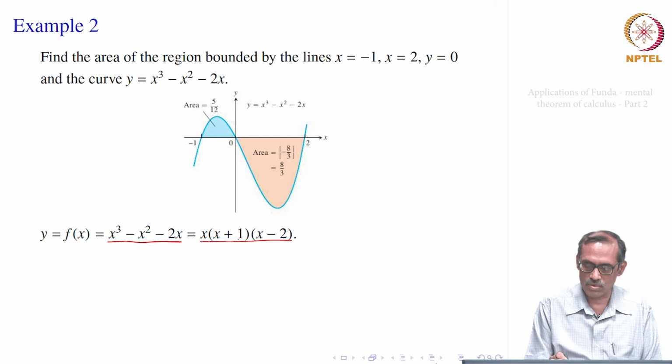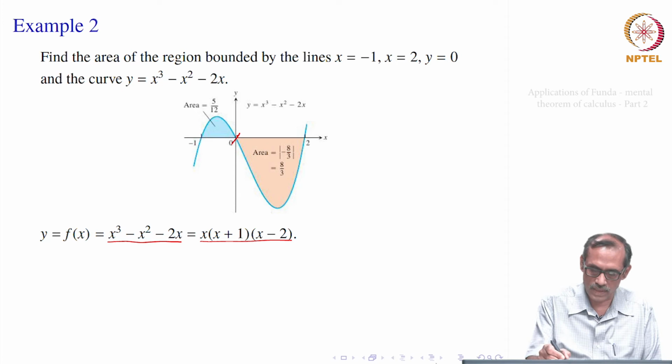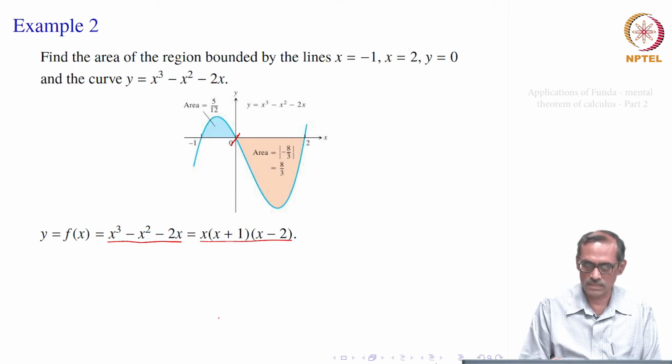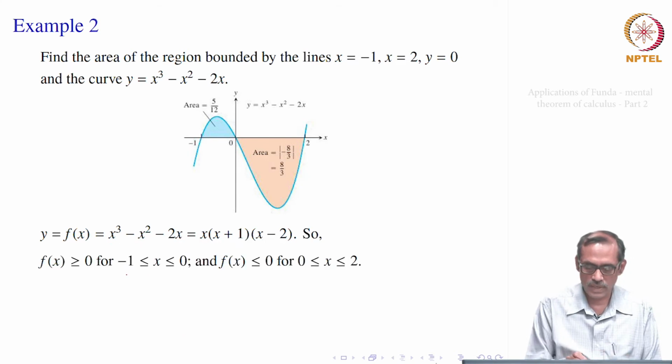Now, let us think about minus 1 to 2. So, obviously, we break into at 0, that is what the geometry suggests. Now, the interval is minus 1 to 2. So, if you take the first interval minus 1 to 0, say x belongs to minus 1 to 0, then x plus 1 is x minus minus 1, which is positive, and x minus 2 is negative, because 2 is bigger than x, and x is already negative.